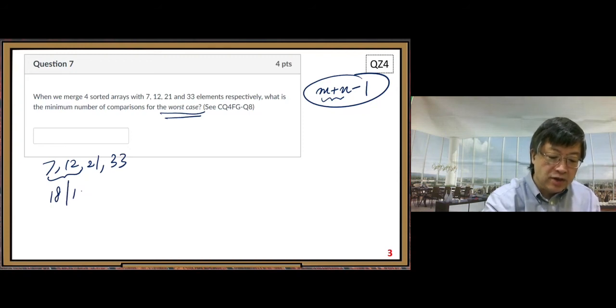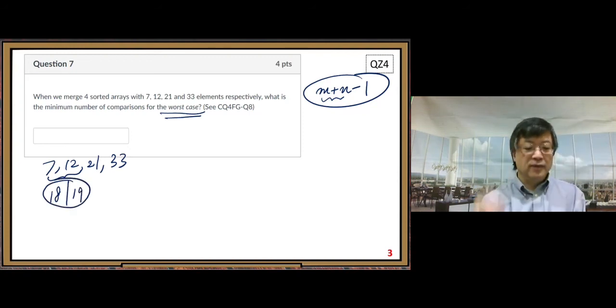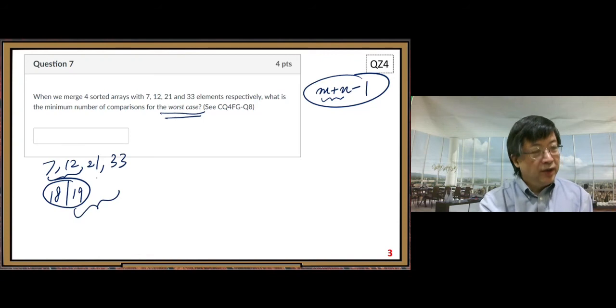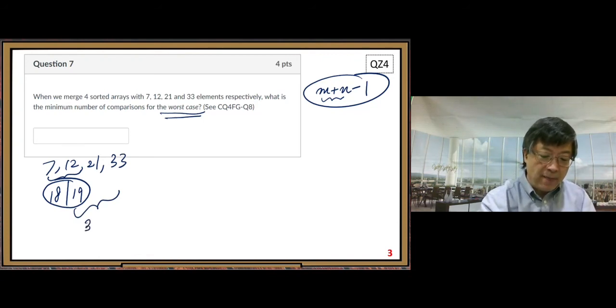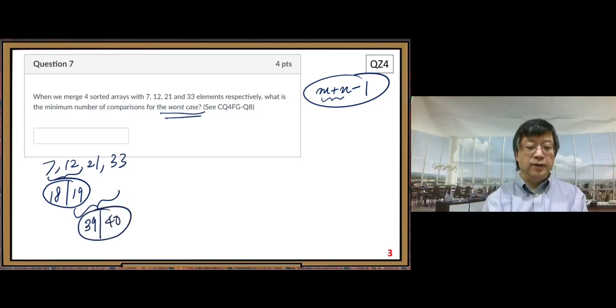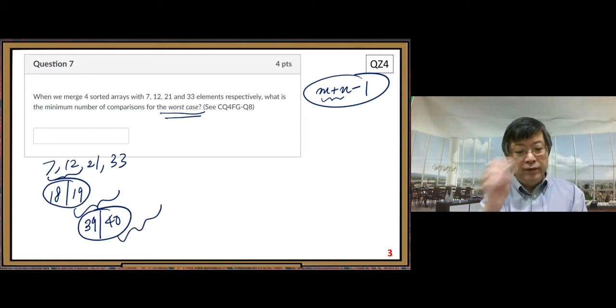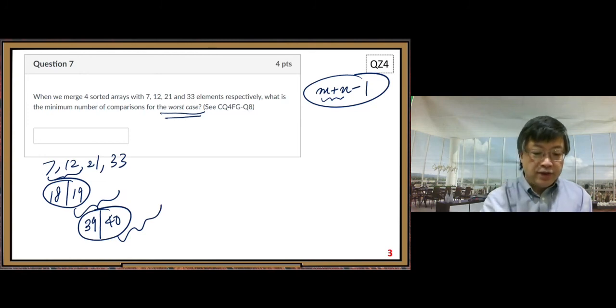The second merge, these two: the total size 40, but minus 1, 39. Then the last one, the total size together, 73, minus 1, 72.